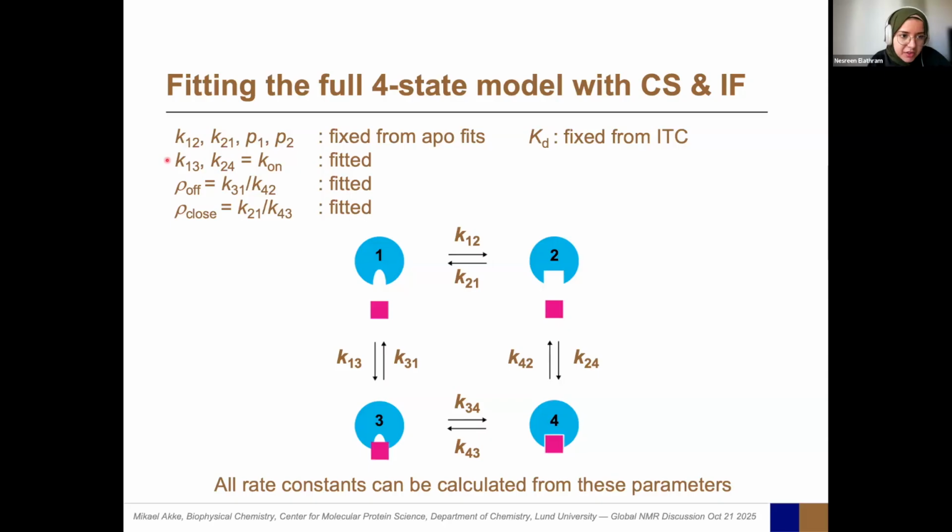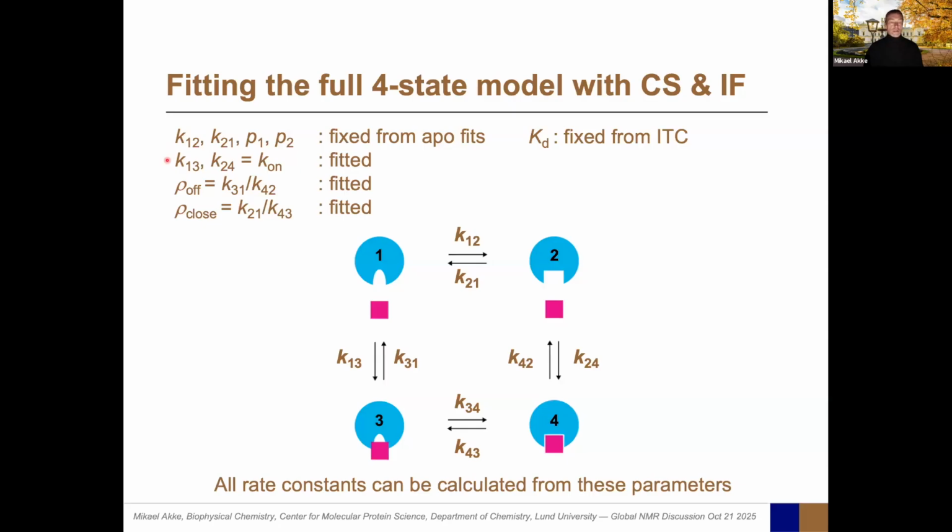Okay, another question. You assume that K on is the same for both processes with different conformations because the conformational differences are small? Yeah, that's one reason why we think it's a good assumption. We would probably have started with that assumption even if we didn't know anything about what the conformations may look like, and then see if that would fit the data.